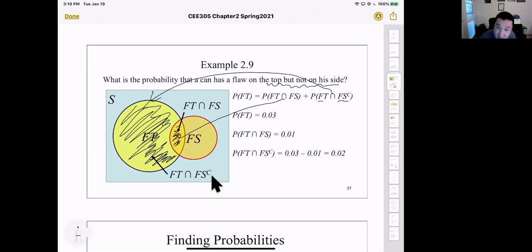The question tells us it has a flaw on the top is 3%, and a flaw on the top and the side is 1%. So we just plug in the numbers: 0.03 minus 0.01, which is 2%.